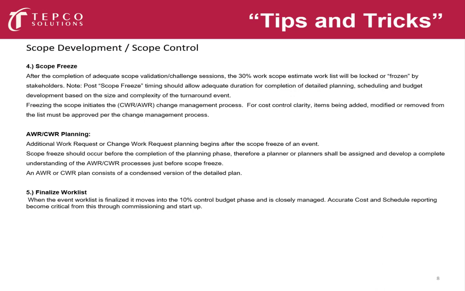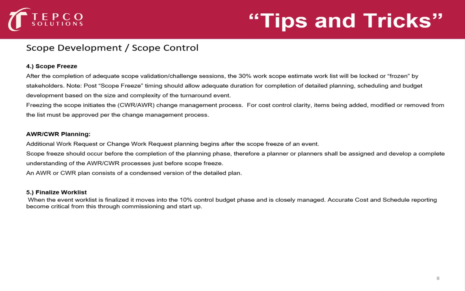Post-scope freeze, we need to allow a duration for the completion of detailed planning, scheduling, optimization, and budget development, based on the size and complexity of your turnaround event. We don't want to freeze scope too late. We have to allow time to get this detailed planning in so we can move into the 10% control budget we'll talk about in a second.